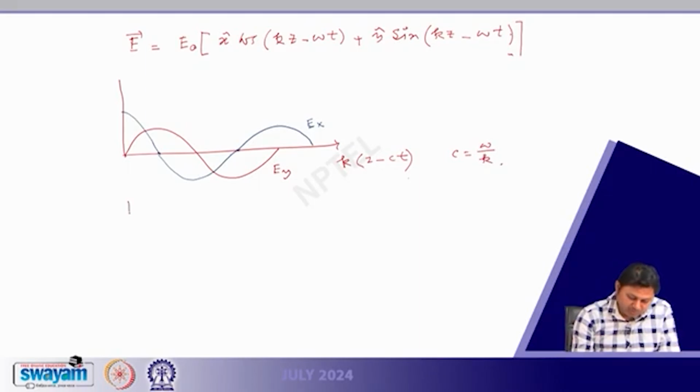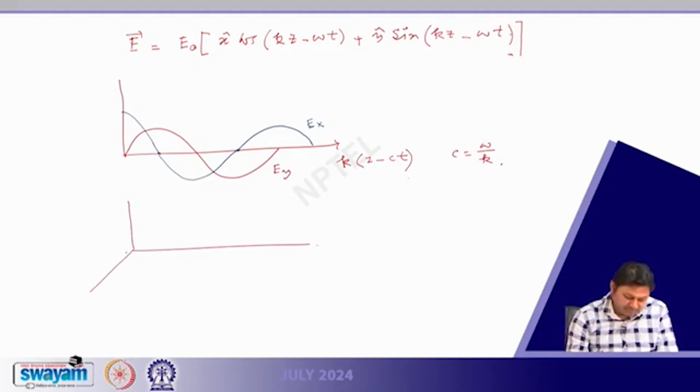Now, if I try to find what happened in a 3-dimensional view, then Ey, so let me first draw, this is x, this is y.